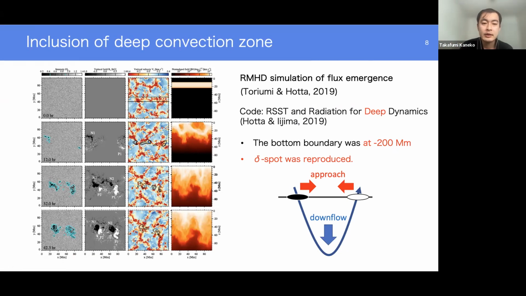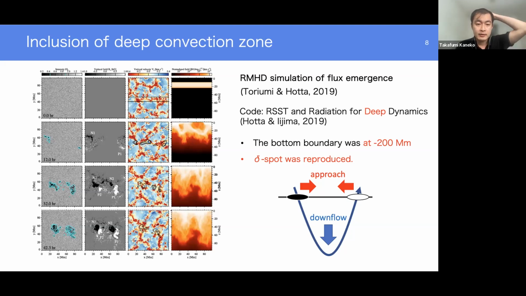Also, the time scale of the photosphere and the time scale in the deeper layer are completely different. Including phenomena of different time scales in one simulation is basically not good for the efficiency of the numerical simulation. So basically it was difficult.